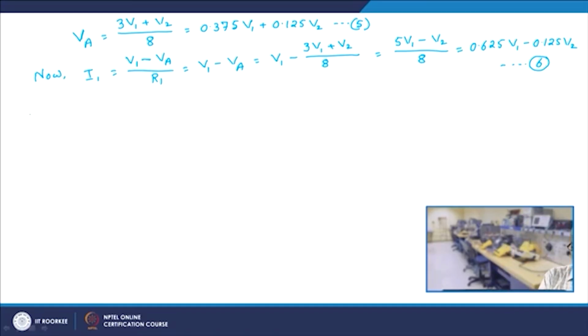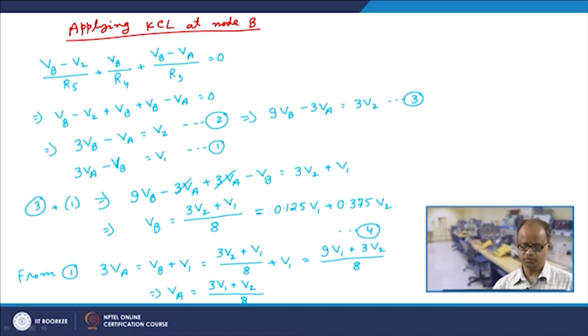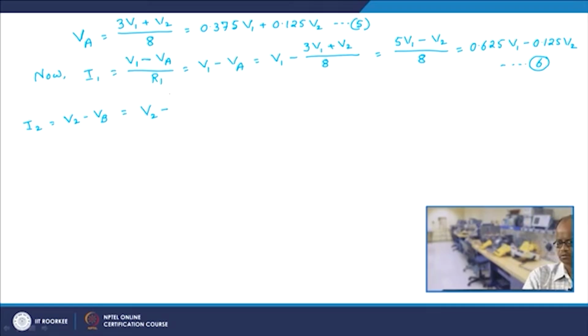And similarly, I2 is V2 minus VB, and VB is (3 V2 plus V1) by 8.